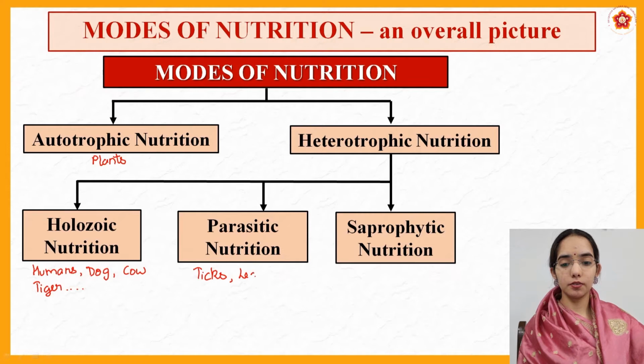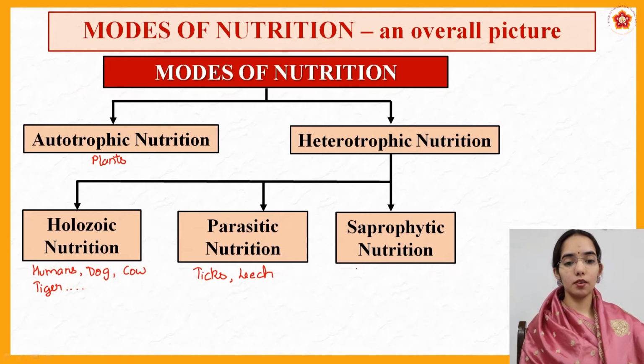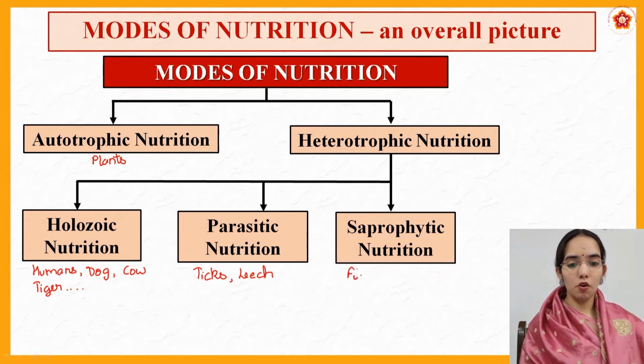Then another example is leech. Example of saprophytic mode of nutrition is fungus. Mushroom is also a type of fungus.